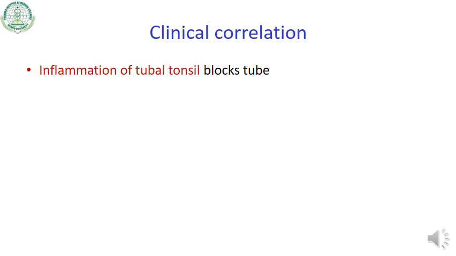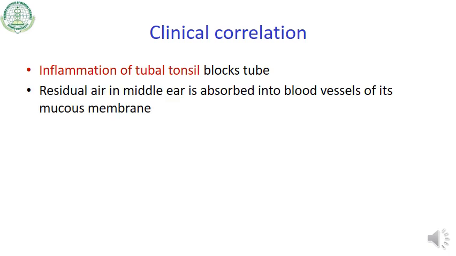So Eustachian catarrh or inflammation of the auditory tube. This inflammation may be due to inflammation of the tubal tonsil or vice versa.